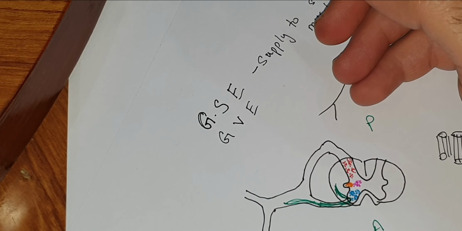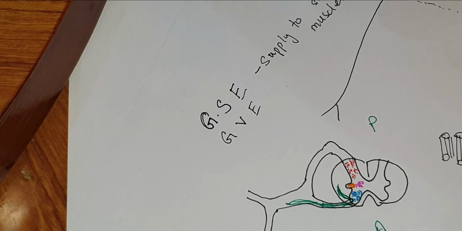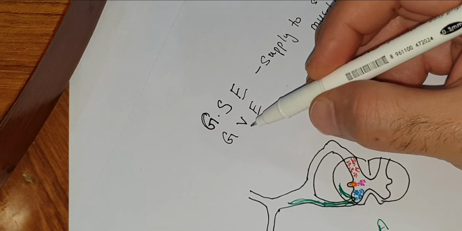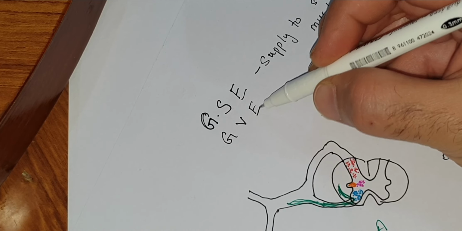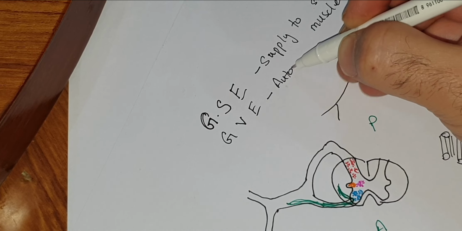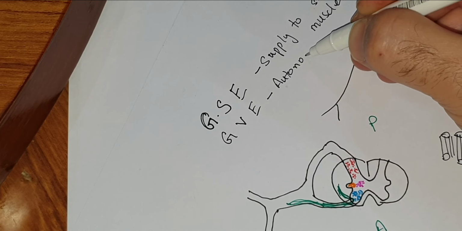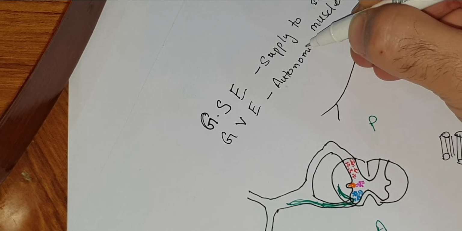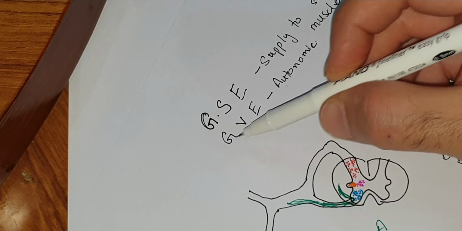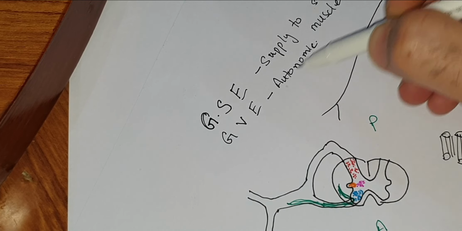The peristalsis of the viscera, the secretion of the glands from the viscera, and the contraction of smooth muscles within the viscera are not in your control. So they are considered general visceral efferents, and general visceral efferents will always be autonomic. They can be parasympathetic or they can be sympathetic. So always remember, whenever the term general visceral efferent comes, it will always be autonomic.